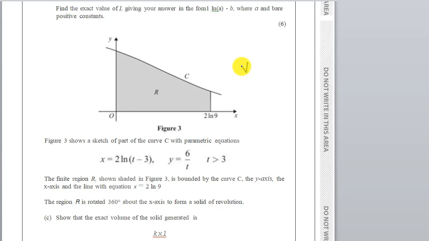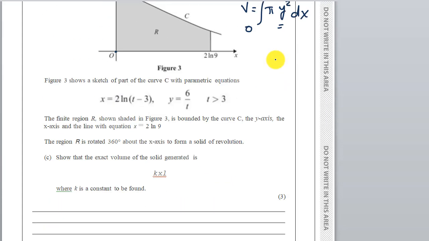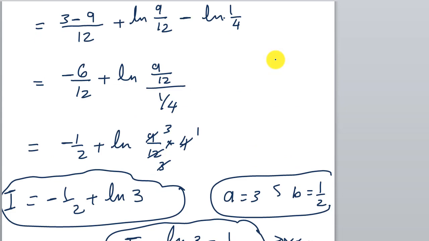The volume is equal to the integration of pi y squared, which is the area, dx. And here x starts at 0 to 2 ln 9. So let us start to solve this part of the question.